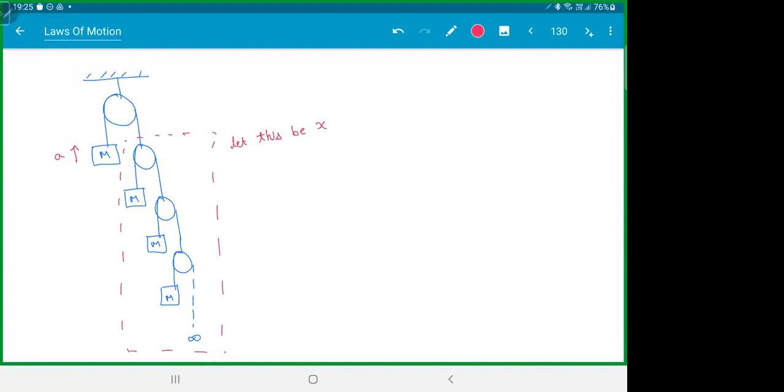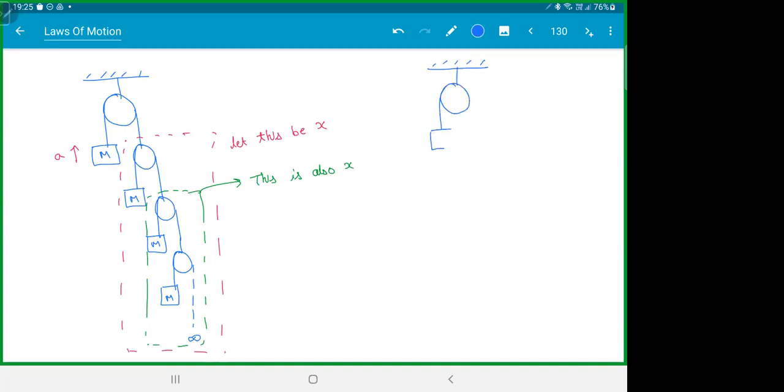Now, if I just remove one block and try to write this whole thing, this is also x. Does that make sense? Because if you just remove one block, you can still see it is infinity, right?